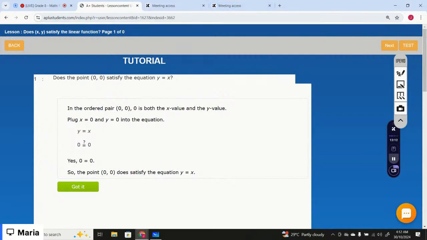So we are given the equation y equals x. Also, we are given the point 0, 0. So that is the ordered pair that has the value x equals 0 and y equals 0. So when you replace the variables with their values, they both are exactly equal, right?